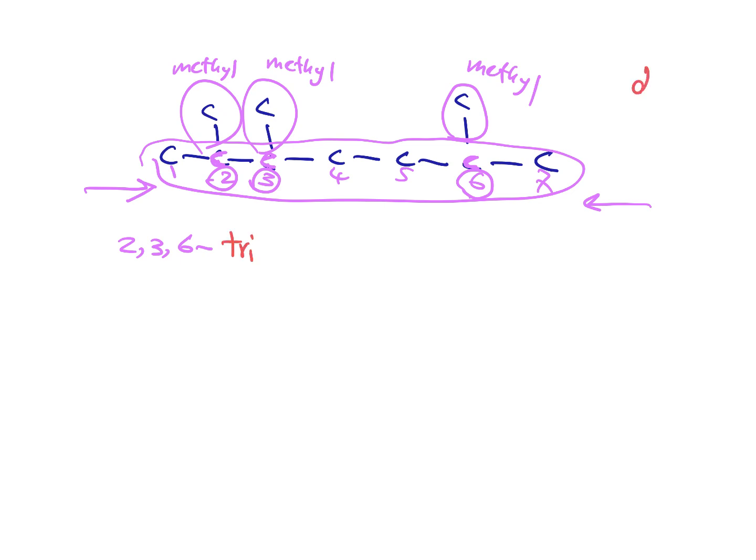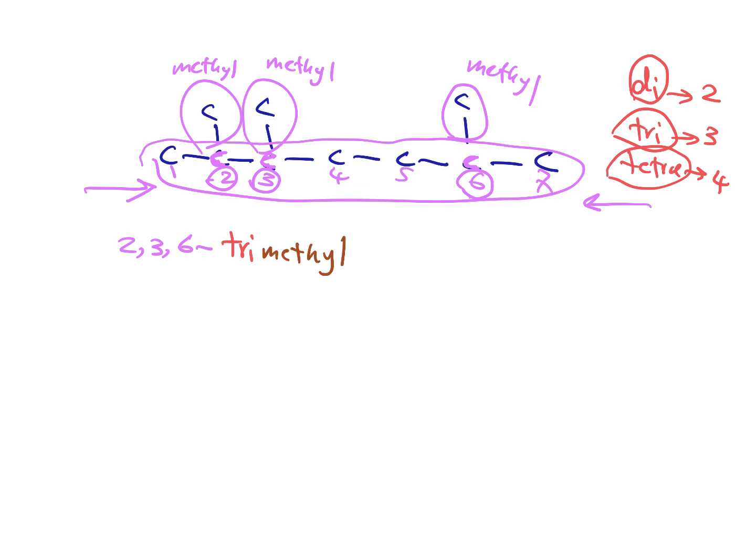It's kind of like di means 2, tri means 3, tetra means 4, and this is all you encounter in this class. If you encounter more, I tell you, but knowing that di means 2, tri means 3, tetra means 4, so you have 3 methyl.